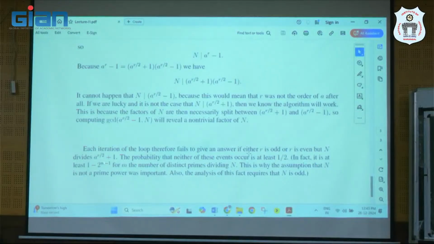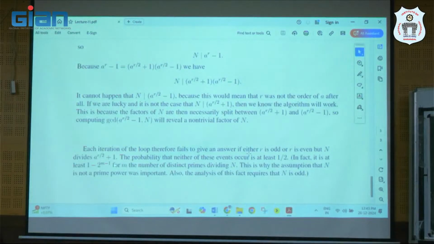In fact, the probability that none of these bad events occur is at least 1 minus 1 over 2 to the m minus 1, where m is the number of distinct primes dividing N. That is the reason why we are choosing N to be not a prime power, so that m is at least 2, correct?